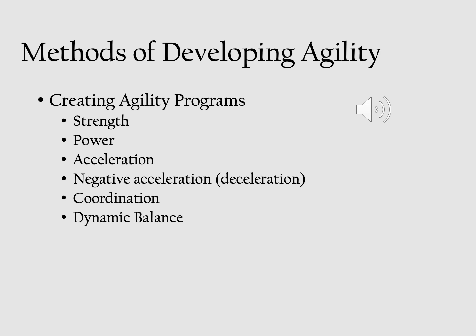Dynamic balance is the ability to maintain control over the body while in motion. Through these perturbations detected by the nervous system, we can adjust our center of gravity and therefore readjust our position as needed to prevent a fall.